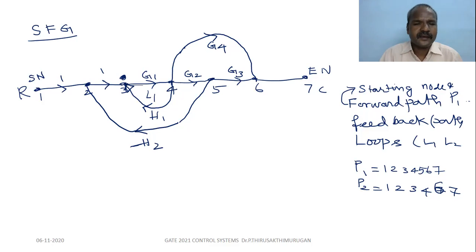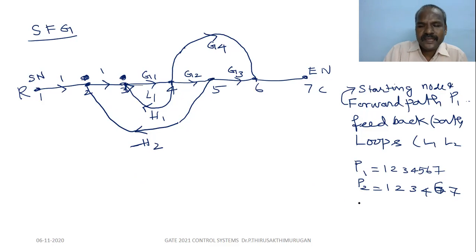One more loop: I am starting from node 2, moving 2, 3, 4, then 5, and then coming back to 2 here.